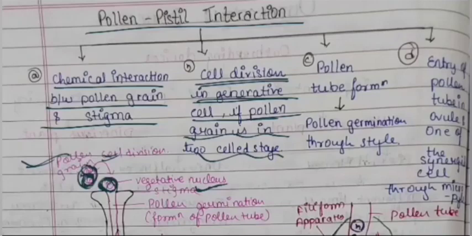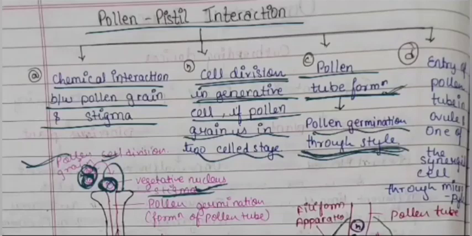Coming to the third step, which is pollen tube formation. If everything has happened in the right manner, then formation of the pollen tube takes place through the style, and at the end the pollen tube enters the ovule through the micropyle, reaching one of the synergid cells.